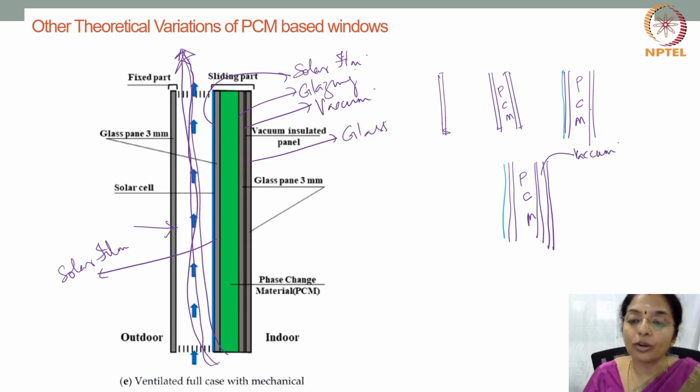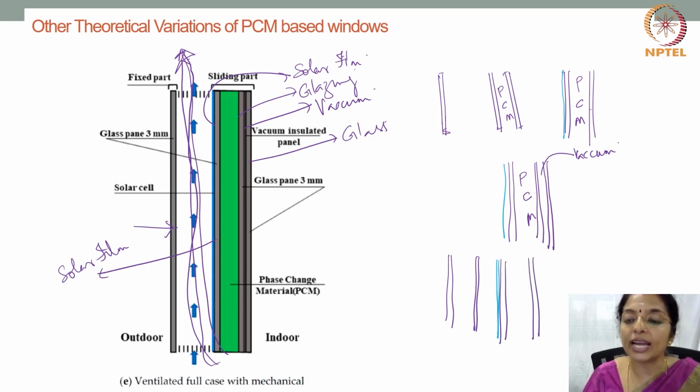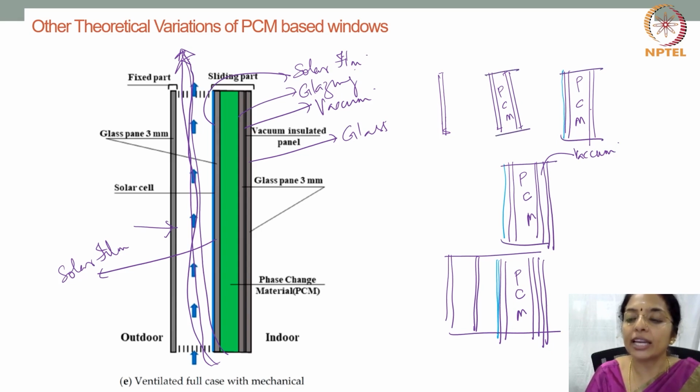Then you can also have a glass pane with an air gap and then a solar film, then another glass pane, then a gap which will have PCM, phase change material, then vacuum and then a glass. So how you want to design these sections is entirely up to you, based on the requirement of how much heat you want to hold back or how much heat you want to release.